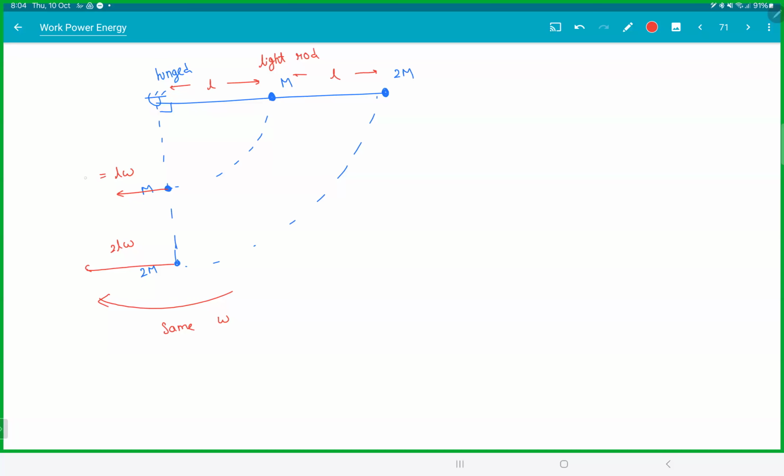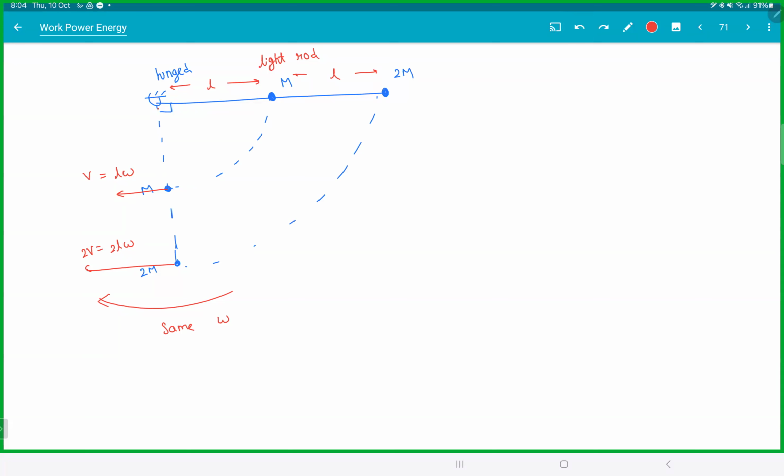So if this speed is V, this speed is 2V. Both the particles don't have the same speed. Is that making sense? Look at your fan's blade. The points inside are going slower and the fan's tip is going faster. The most common mistake here is that people think both the speeds are the same. If both the speeds were the same, the rod would be like this.